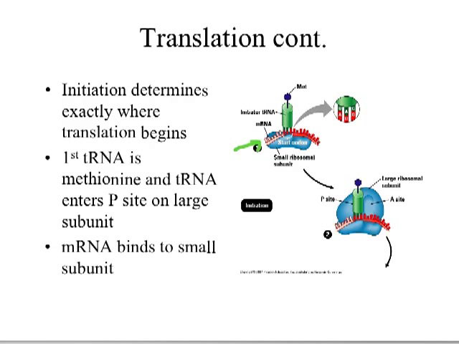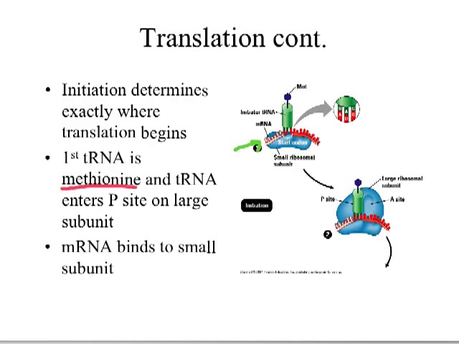And then we have the dark red, which is going to be the actual genetic sequence that's going to be translated. So we're going to have to get the first tRNA there in order to start that translation. So the first tRNA is always a methionine. Remember, it's always going to be AUG as the start codon for the mRNA. So we're always going to have methionine as the first amino acid in a sequence.